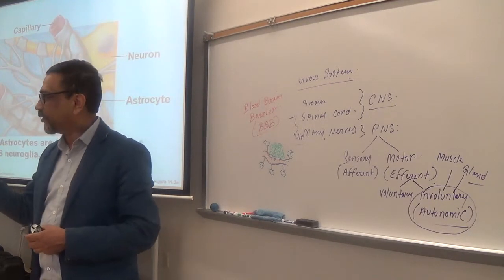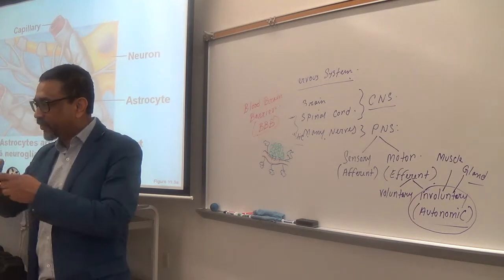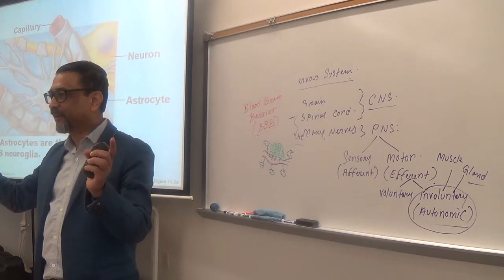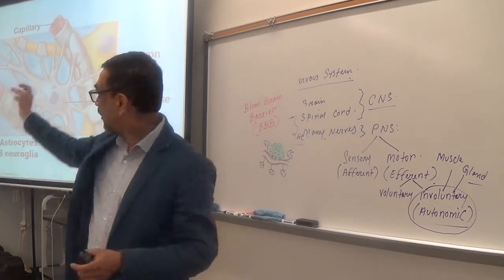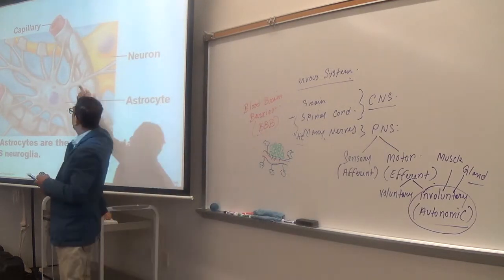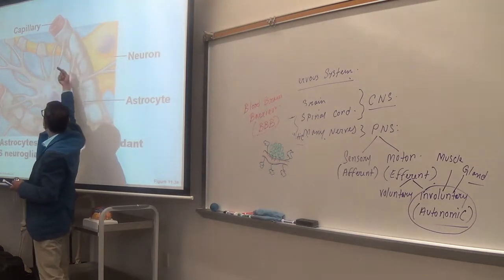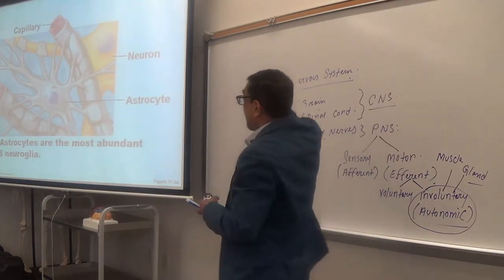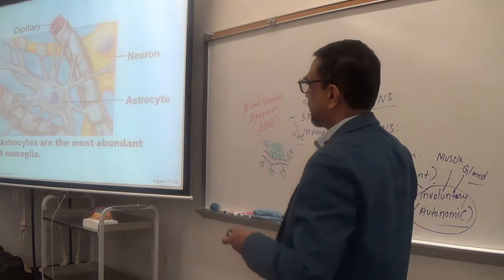So brain tissue is very sensitive. If any toxic chemical enters into brain tissue, it will damage the brain tissue. So that's why that protection is given, that layer is given by the astrocyte. You see here, that is the capillary, right? So around the capillary, that layer is formed by the astrocytes.